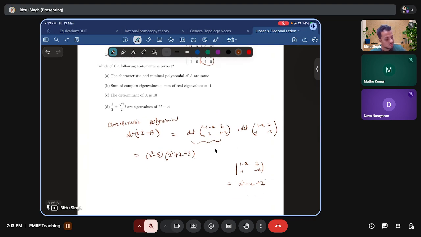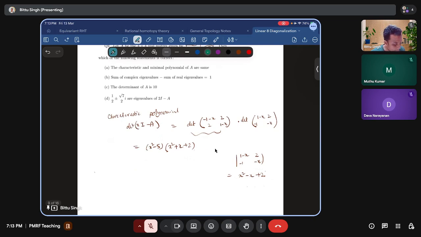Let me say about the minimal polynomial. Define minimal polynomial.